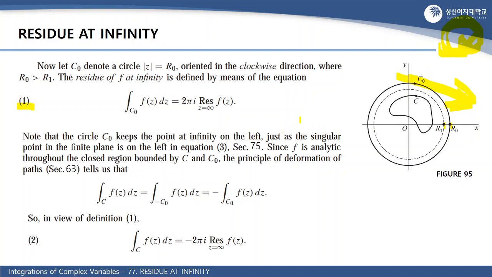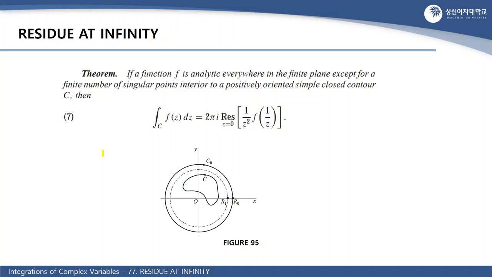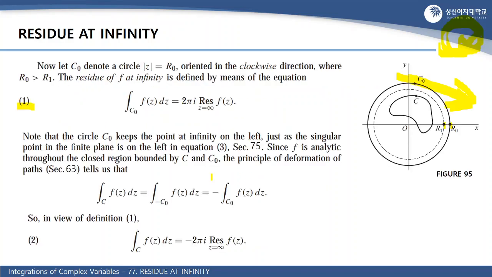We do similar things at a singular point in the finite plane, equation 3. Do you remember? If you look at this same figure, we consider this direction, which is oriented counterclockwise, and the contour contains the singular point inside.